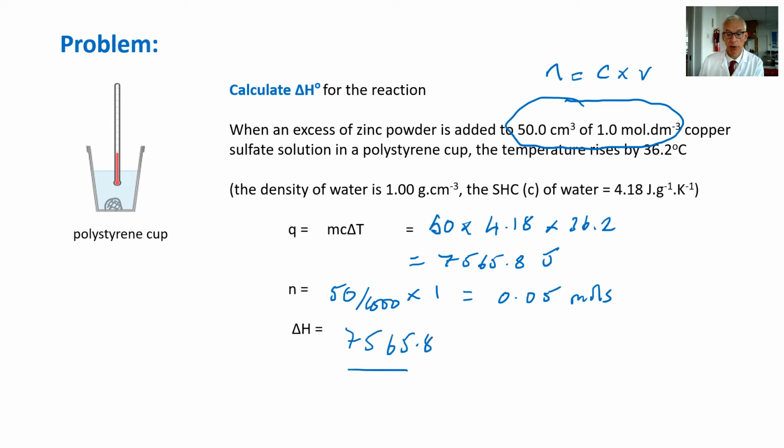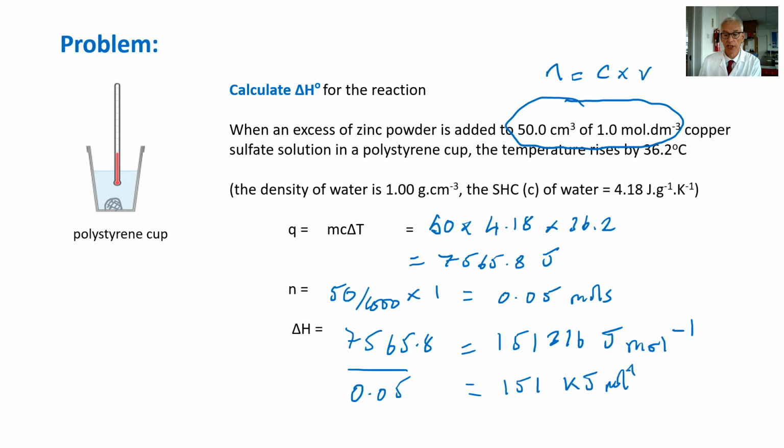So delta H will be 7565.8 divided by 0.05. That comes out as 151,316 joules per mole. Convert that to kilojoules, 151 kilojoules per mole. I'm going to stick to 3 significant figures because in this example I've got 3 significant figures on the volume.